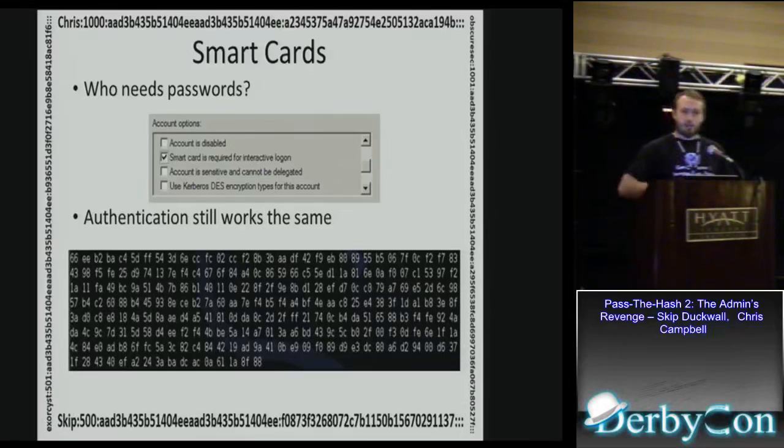On the domain controller, in the ntds.dit, your NTLM hash, your NT hash and your LM hash are still there. It's still working exactly the same way. So the password's crazy long and not even ASCII, so that's what the bottom thing is. So once you've checked that box, you get this crazy long password.